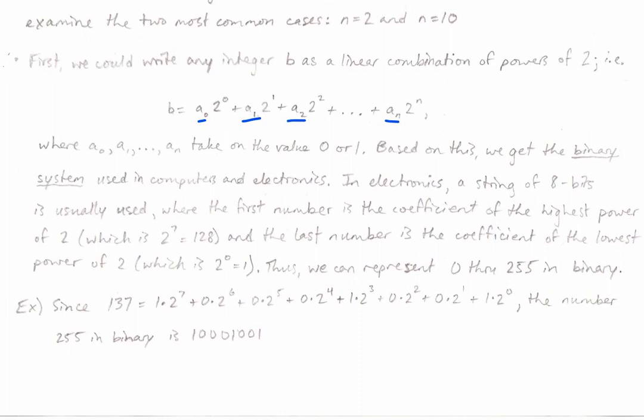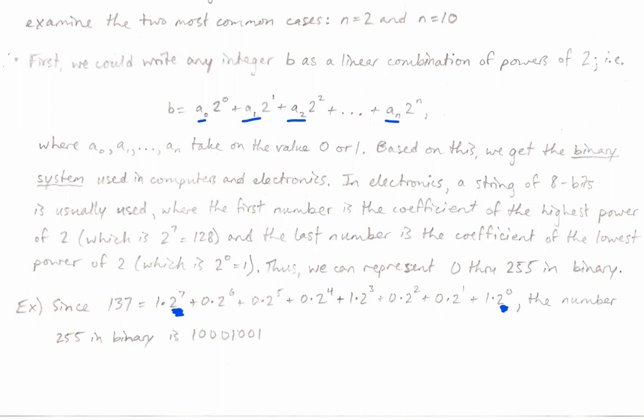If the coefficient on the power of 2 is 1, then in binary we're going to write a 1. If the coefficient on the power of 2 is 0, then we write a 0. But here I have an example. The number 137. If we wanted to write this in binary, we first need to figure out how to represent 137 as a linear combination of powers of 2. And we always write the largest power of 2, 2 to the 7th, first, and then we write 2 to the 0 last.